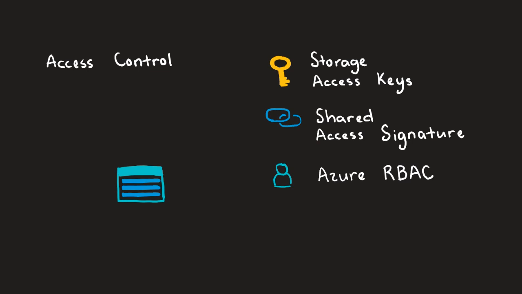But because there might be needs for even more granular access, there is one more option, which is access control lists. These are the ones that use the POSIX permissions that were mentioned in a previous slide. This means you can grant access to users or groups to a specific directory or a specific file, as granular as you need to go.